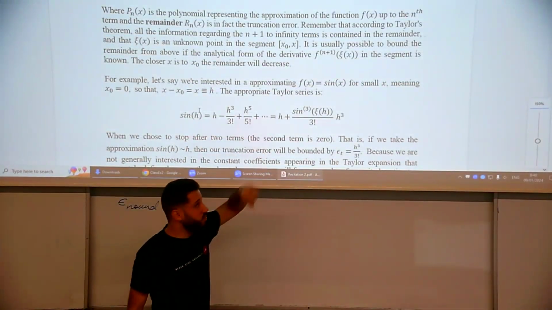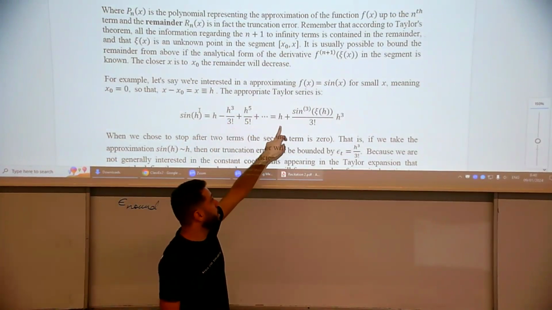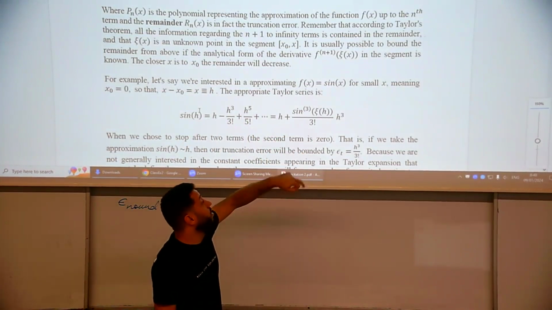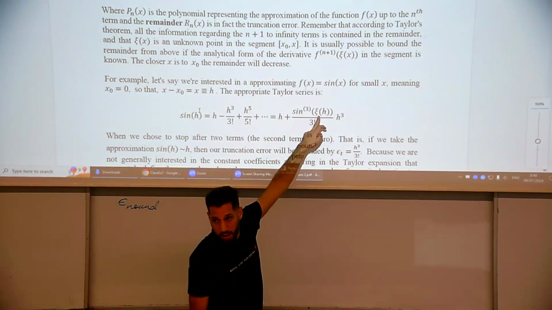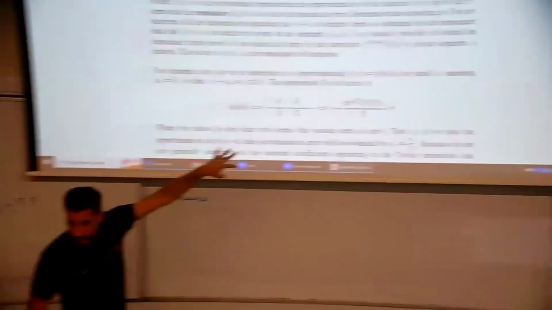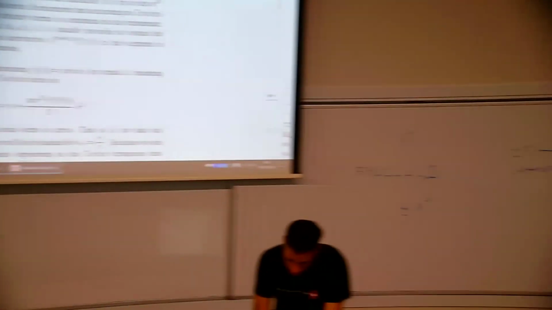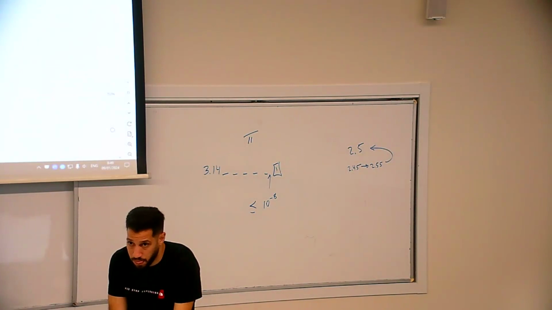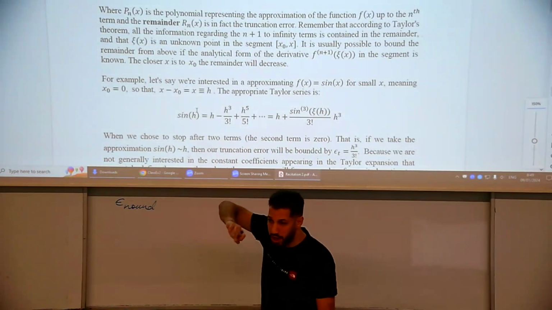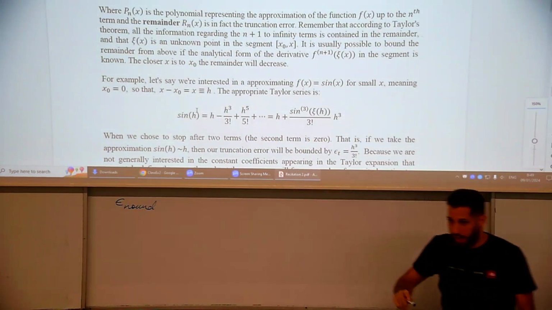So by Taylor series, it is the infinite sum, and I can say it is h plus the third derivative of sine in some number between 0 and h, divided by this factorial and multiplied by h cubed. And this is true for every h, not only small h. Okay, this equality is true for every h.